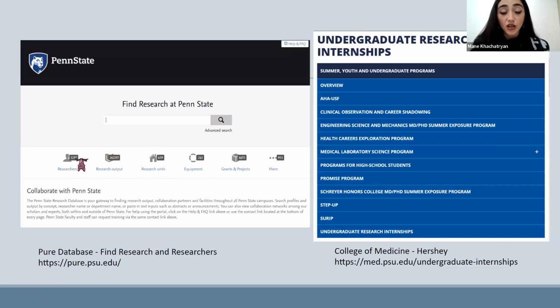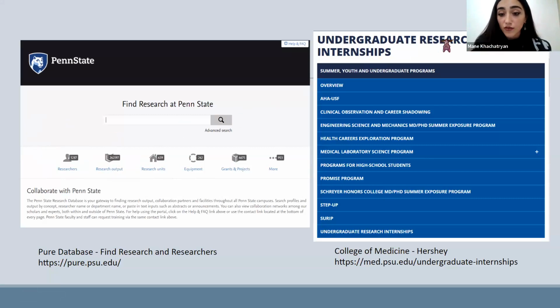It'll give you a literal list of all of the researchers at Penn State, or you can filter by category, like, okay, I want to see research specifically in cardiology, and it'll give you all the publications in cardiology, and you can track down the professors that did the research if it's of interest to you, and then contact them. So that's a really good database for looking for researchers.